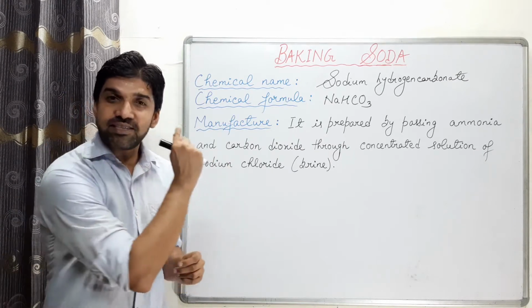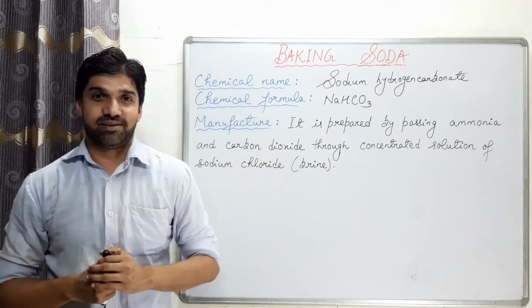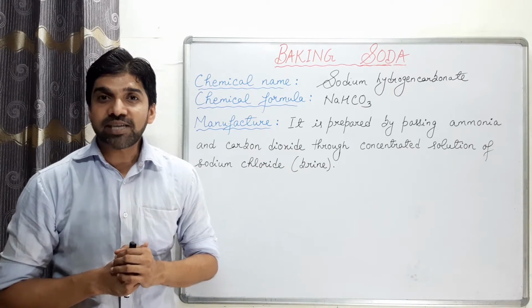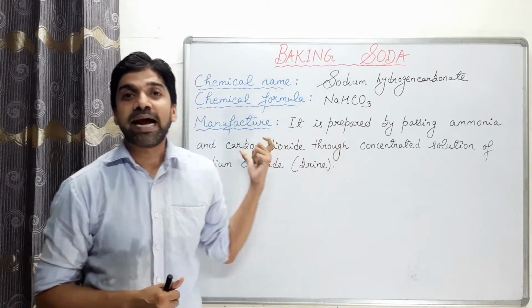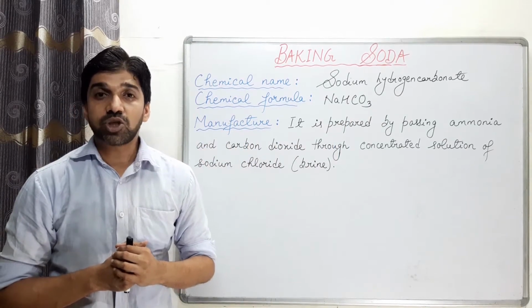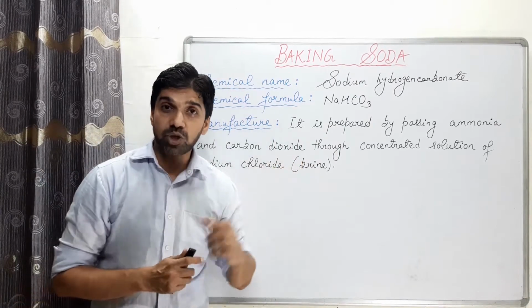It was the manufacture of sodium bicarbonate. So how is sodium bicarbonate prepared? By passing ammonia and carbon dioxide through the concentrated solution of sodium chloride known as brine solution.